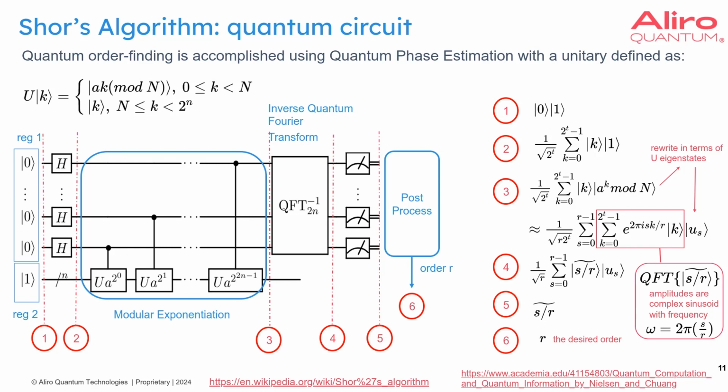And then what we see, highlighted in the red box here, looks like a quantum Fourier transform of a ket state that is related to the one that we want. It's a ket state that approximates a scaling factor divided by the order to some number of bits of precision.